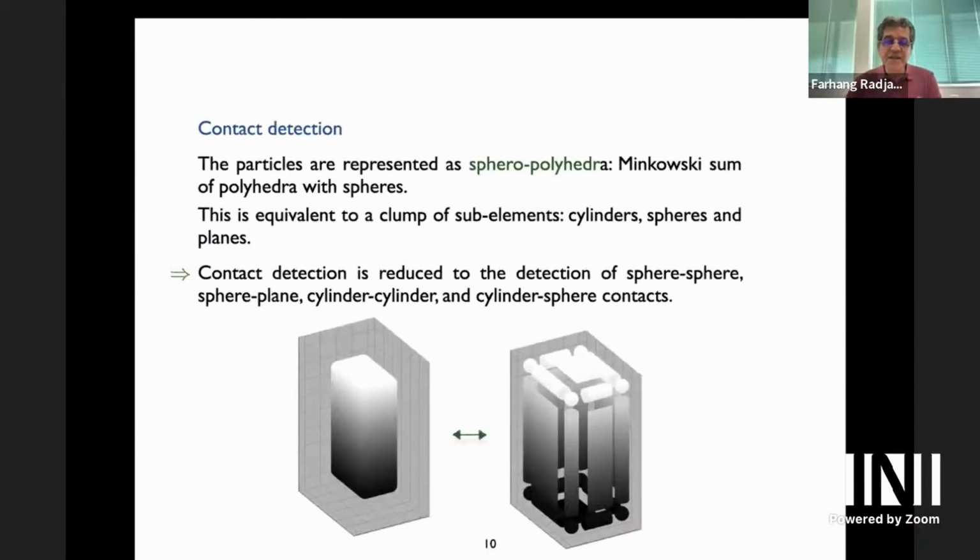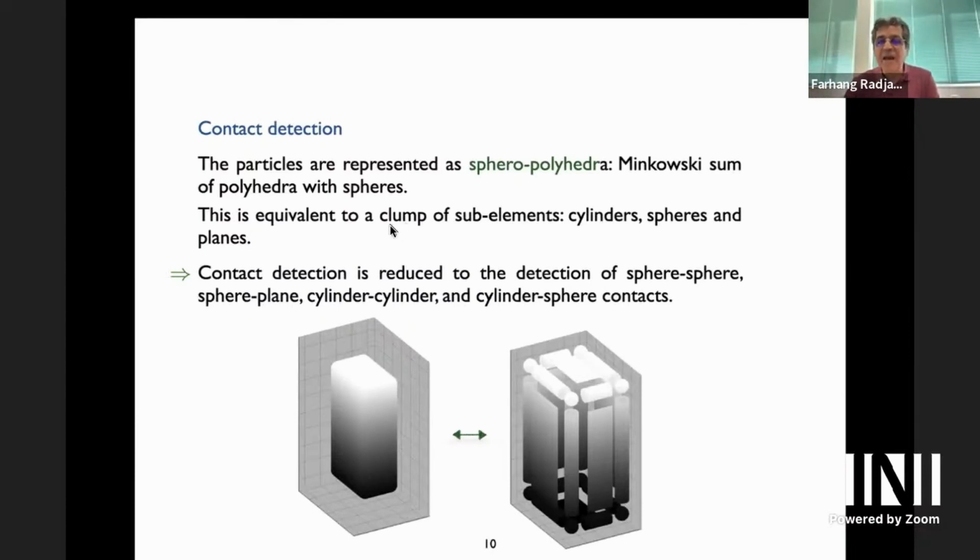For contact detection, we have a method which is quite fast, which consists in first transforming the polyhedra into spheropolyhedra, as a Minkowski sum of polyhedra with spheres. So basically the geometrical locus of all the points which are at a given distance from the particle surface.